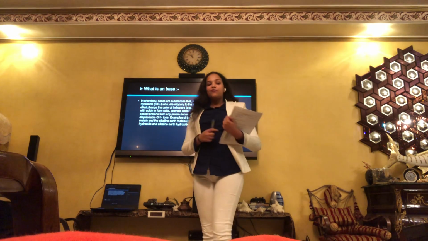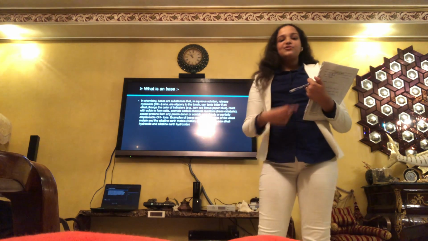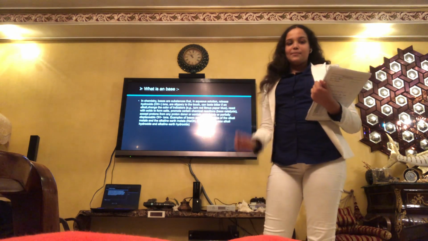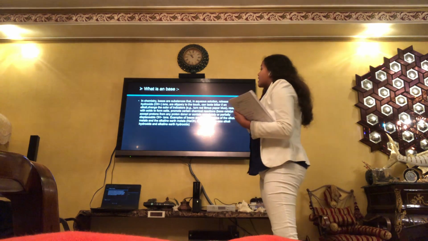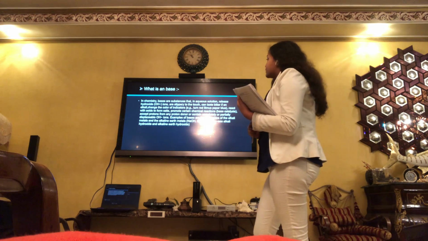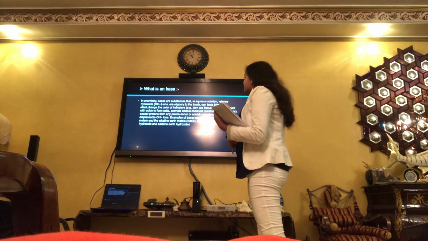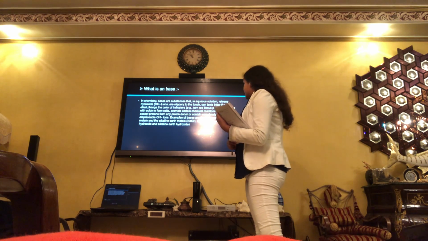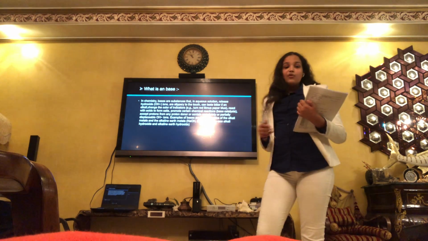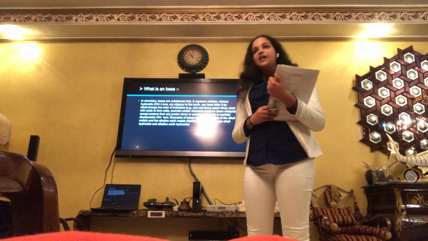First, of course, you want to know what is a base. In chemistry, bases are substances that in aqueous solution release hydroxide ions, are slippery to the touch, can taste bitter if an alkali, and change the color of indicators. Now, of course, we tried the pH indicator in our labs.